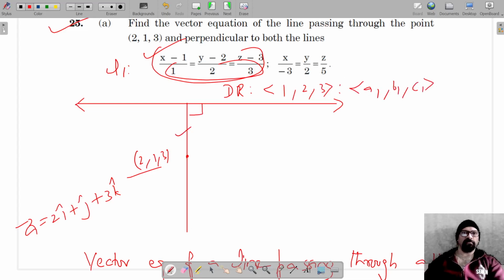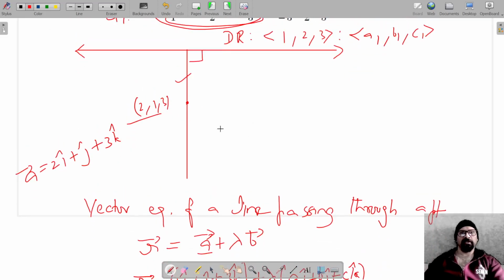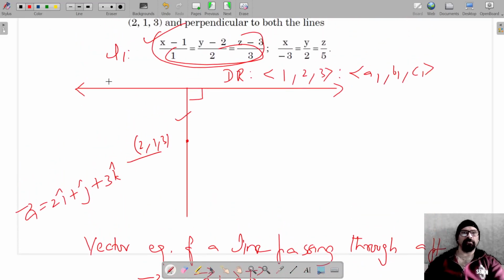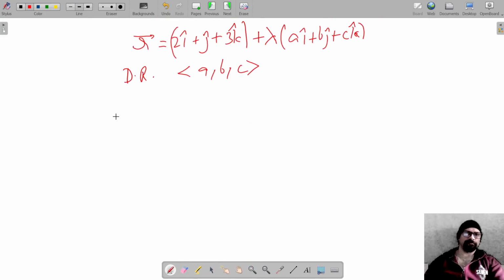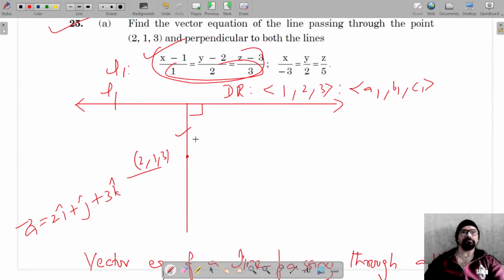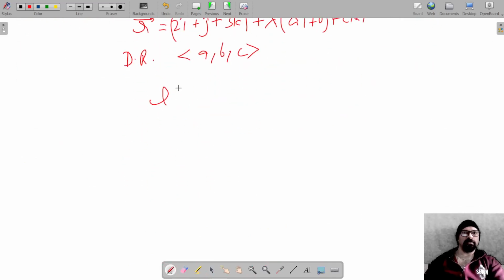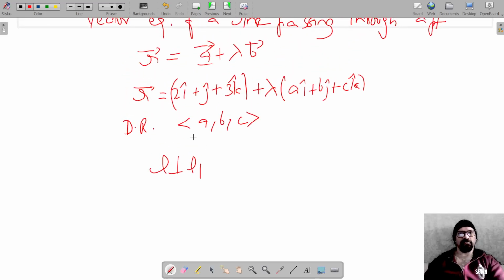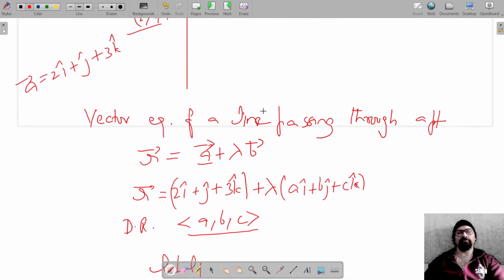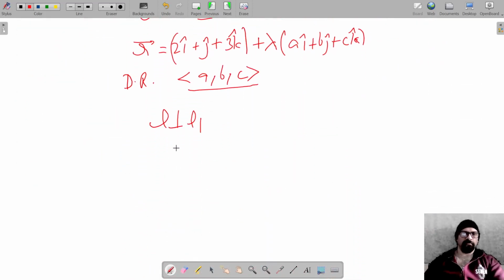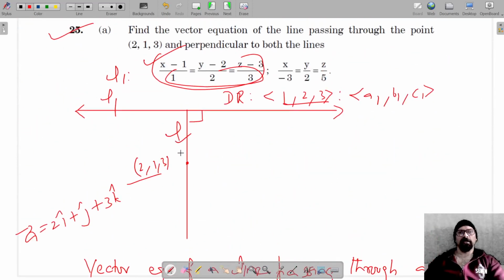So L is perpendicular to L1, which means the sum of the products of the direction ratios a, b, c and 1, 2, 3 should be equal to 0.